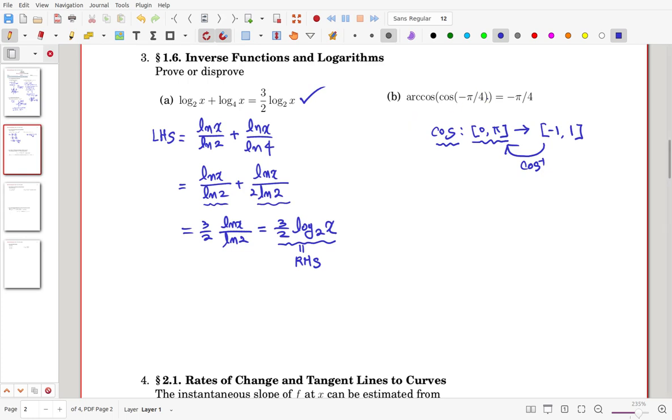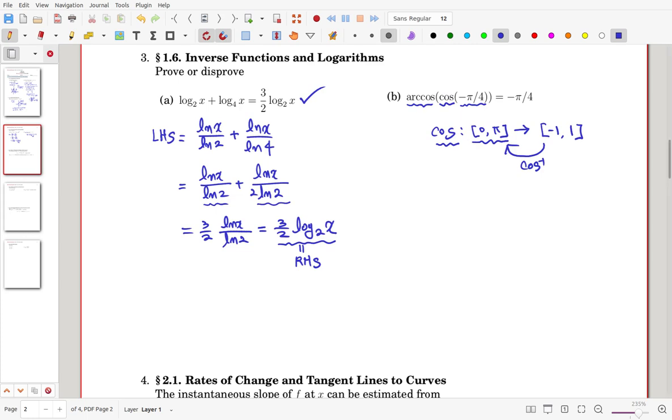Now, here with arc cosine, we cannot cancel cosine and arc cosine once it is outside of the domain.